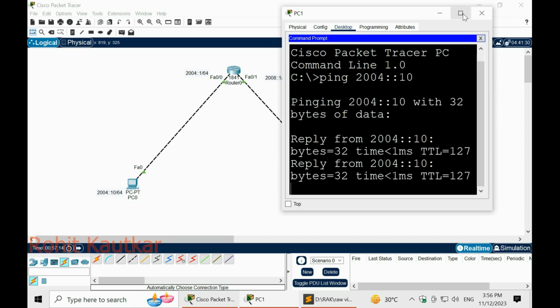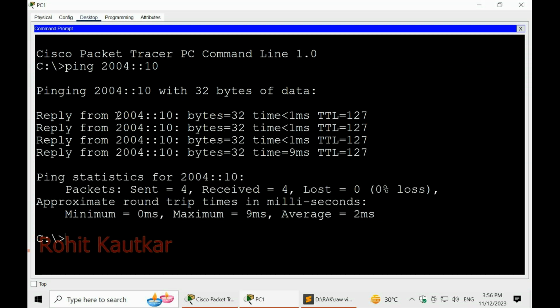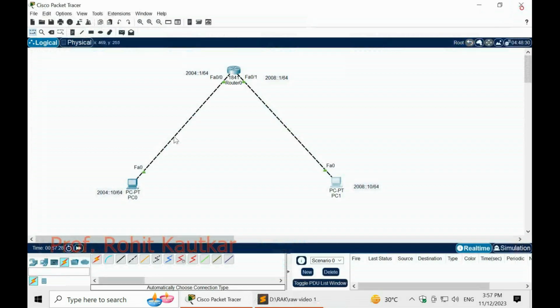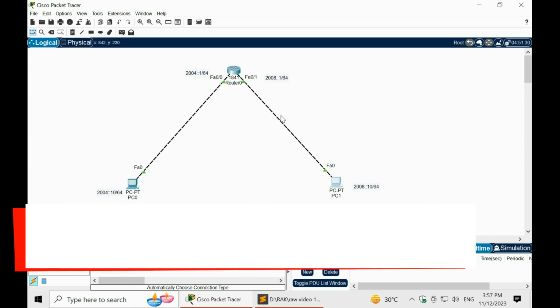You can see you are getting reply from destination. So again 4 packets were sent from source and we have received reply for all the packets. So friends, this is how a simple IPv6 network we have configured and tested within the packet tracer.